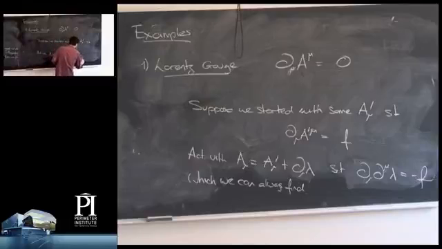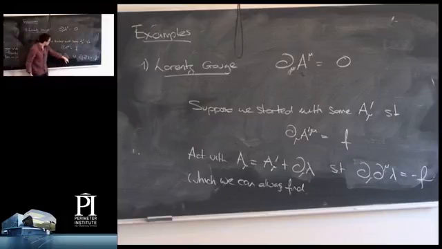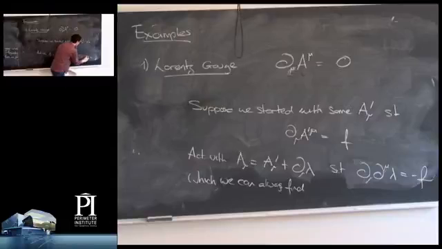And all you've got to do is make sure that this gauge transformation satisfies the following. It's almost like a massless Klein-Gordon equation, but you pick a lambda so that the Minkowski Laplacian is equal to minus f. Okay, you can always find a lambda that does that, so it's trivial.